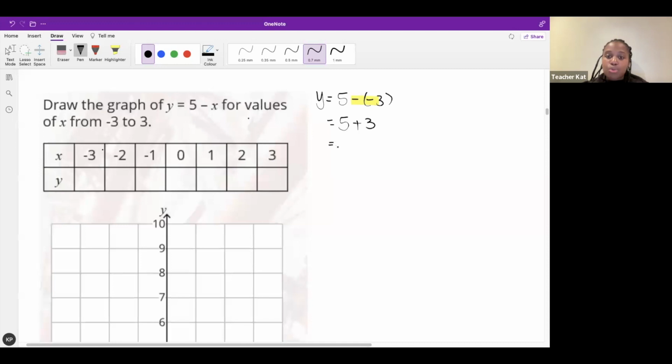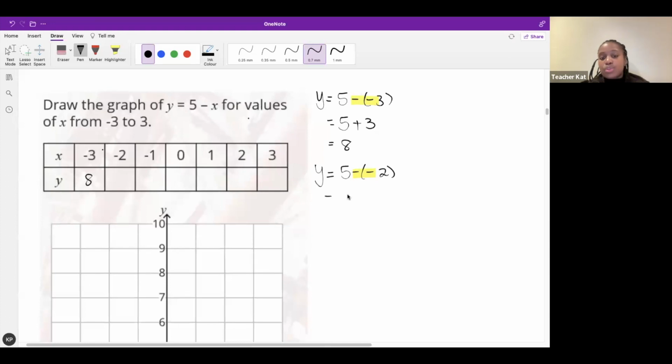So then my output will be what? 8. So the first point for an input of -3, I have an output of 8. Let's do the second one. Y equals 5 minus -2. Once again, I have my plus. It's going to give me a negative, excuse me, which is going to give me a positive.